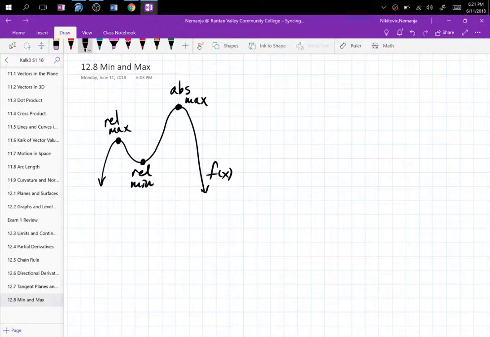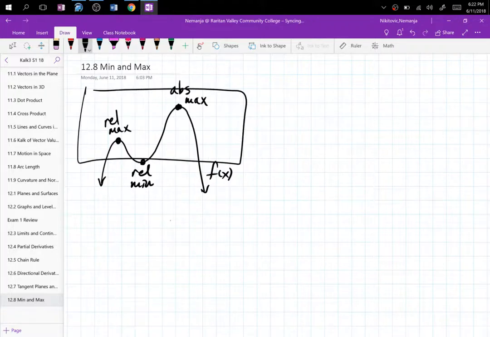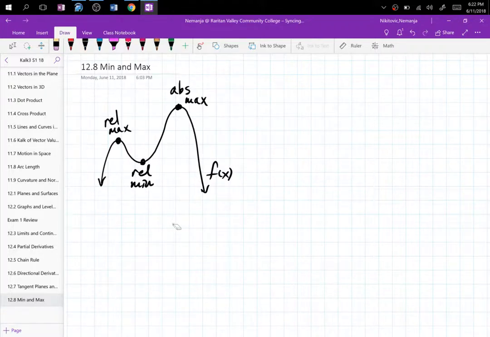Now, this one over here is a relative max because there are infinitely many points that are higher than this relative max. Now, why is it called max? Well, relative to its own surroundings, it is a maximum point. But if you take the entire picture of the entire function, it's not the highest of all max values.